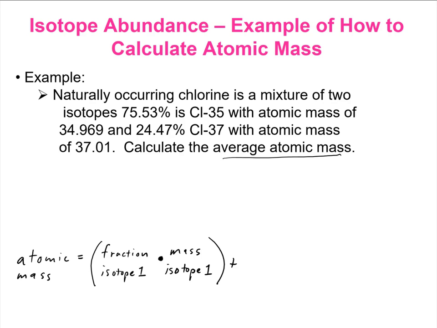Okay, and then you add it to the fraction of isotope 2. Notice I'm saying fraction because these are in percentages, so we're going to have to change those to fractions by dividing by 100. Fraction of isotope 2 times the mass of isotope 2.